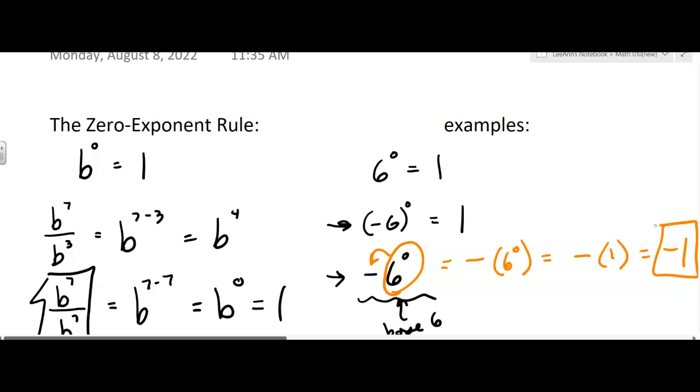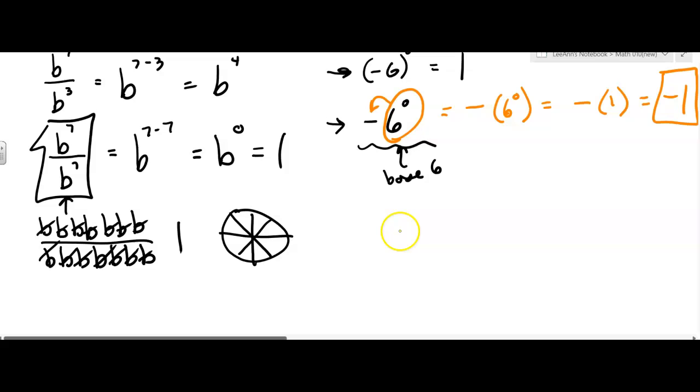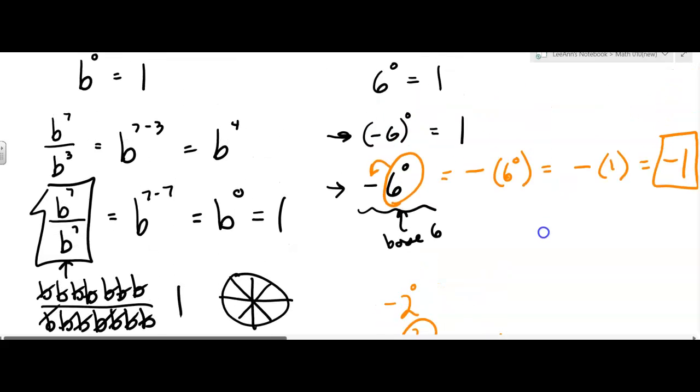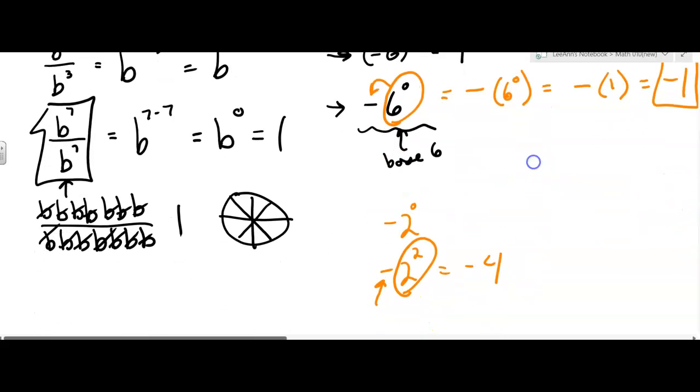Like, all the time I can put, what's negative 2 to the 0 power? Or I could say, what's negative 2 squared? Well, the answer is negative 4, right? Because you do the exponent and then you do the subtracting. So you can think about that. There might be a better explanation in the book or something.